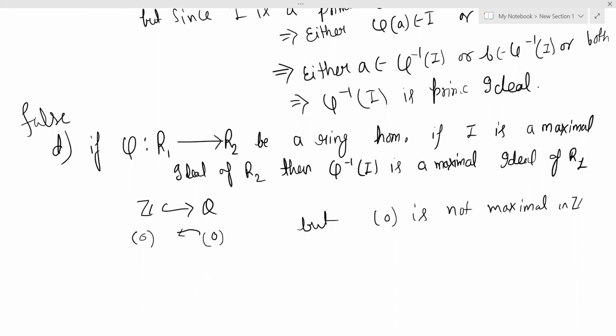And the last one is: let phi mapping R1 to R2 be a surjective ring homomorphism.